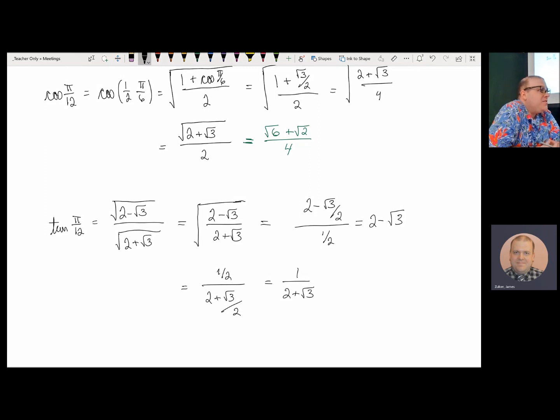That's 1 minus cosine of pi over 6. Right, 1 minus root 3 over 2 is 2 minus root 3 all over 2.